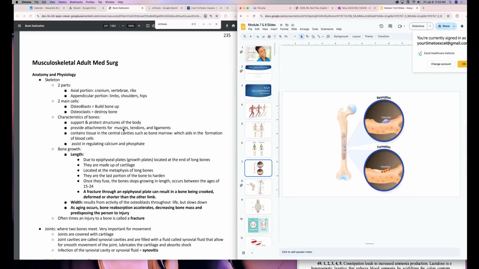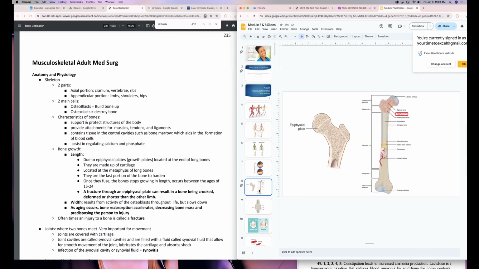Bone growth. Bones grow by length and by width. Bone growth by length is due to epiphyseal plates or growth plates, which are located at the ends of the long bones. Here we have the epiphyseal line, and they are made up of cartilage located at the metaphysis of long bones, and they are the last portion of the bones to harden.